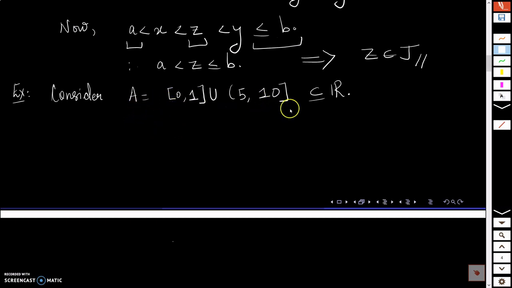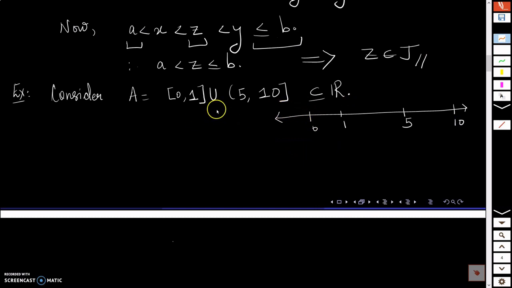So if you put it on the number line, let me draw the number line for this, and I will mark this set A on the number line. I need the points 0, 1, somewhere 5 here, and I need 10. I will mark the set A on this number line in red.